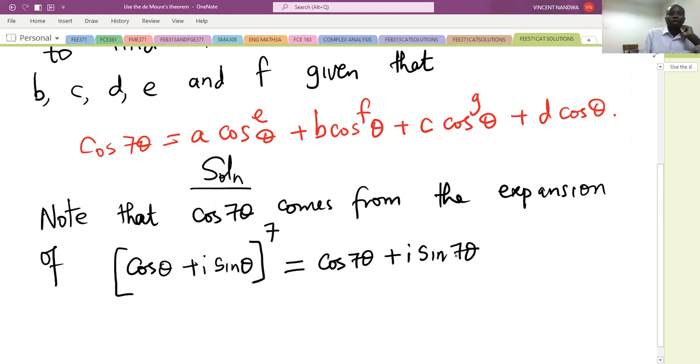So what you're going to do is get the binomial expansion of cos theta plus I sine theta to power 7, and then identify the real parts to identify the value of cos of 7 theta.